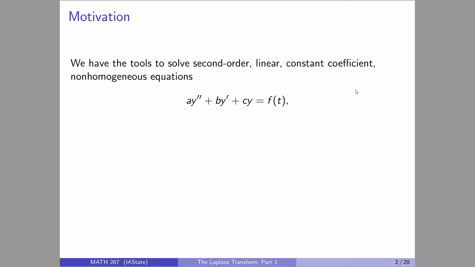Alright, well, there is a different can of worms that we're going to open up today. Now, the methods I just described, using undetermined coefficients or variation of parameters, totally work so long as f of t is something nice.